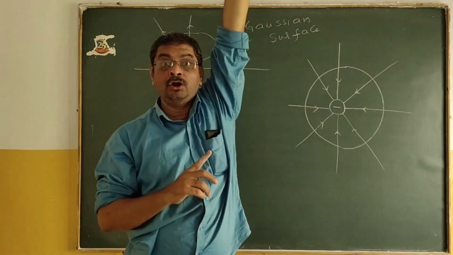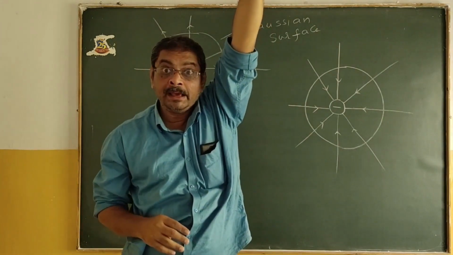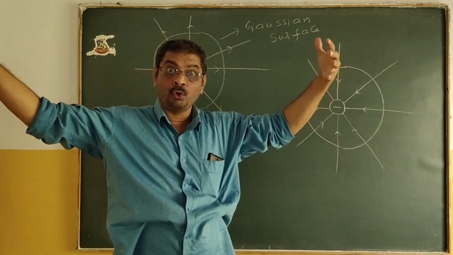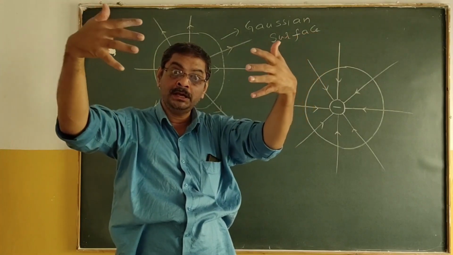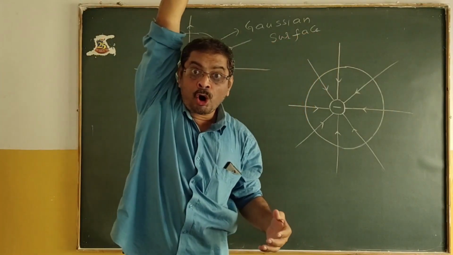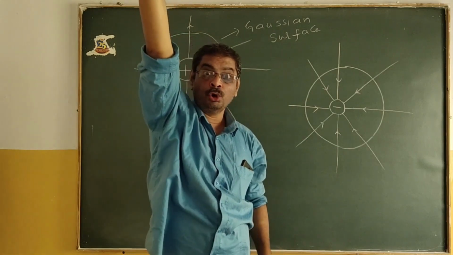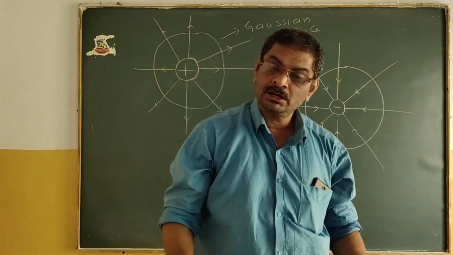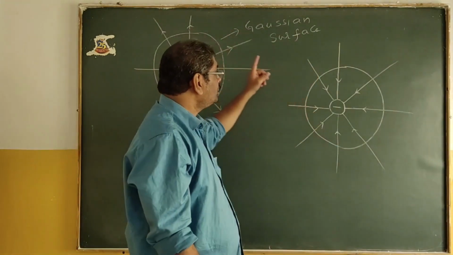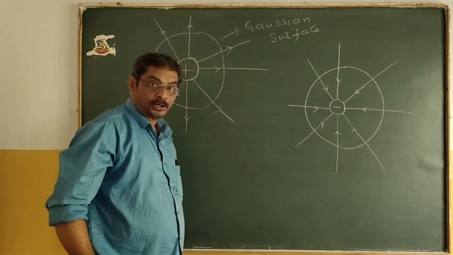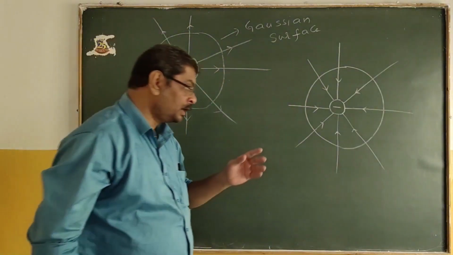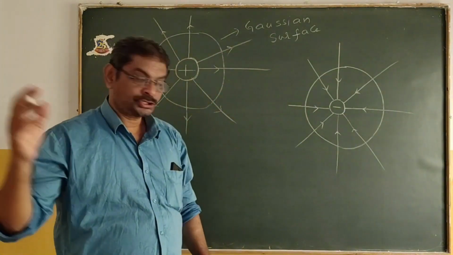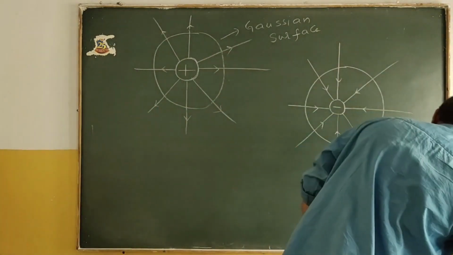On the other hand, due to the negative charge, all the lines of force will be radially inward, converging into the Gaussian surface. That is the important point you need to remember regarding the lines of force due to the positive and negative charge.